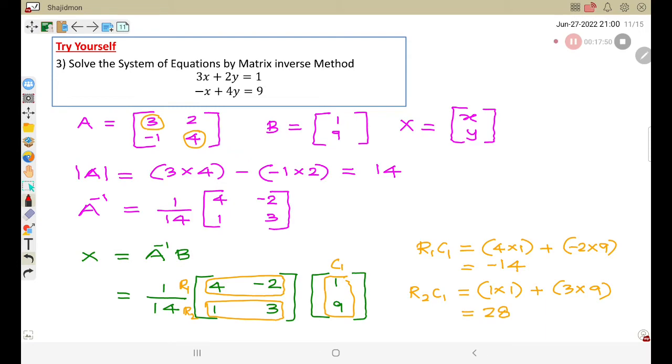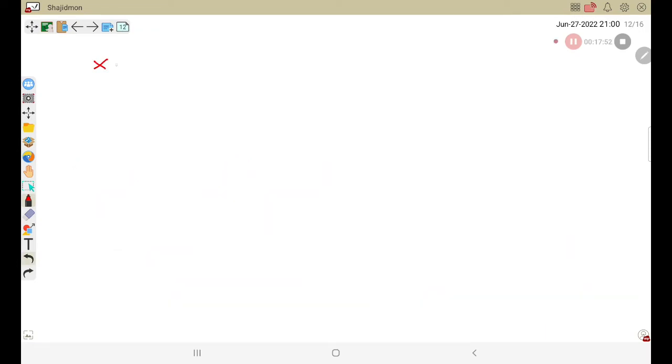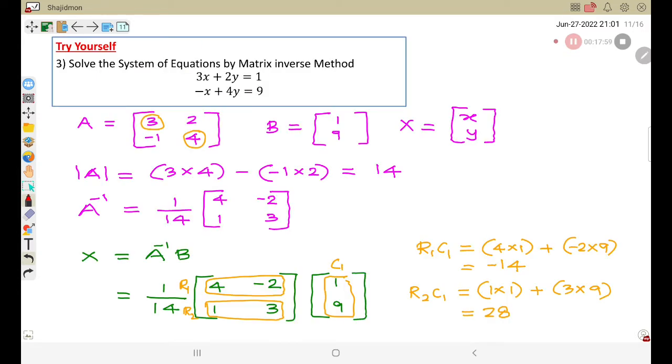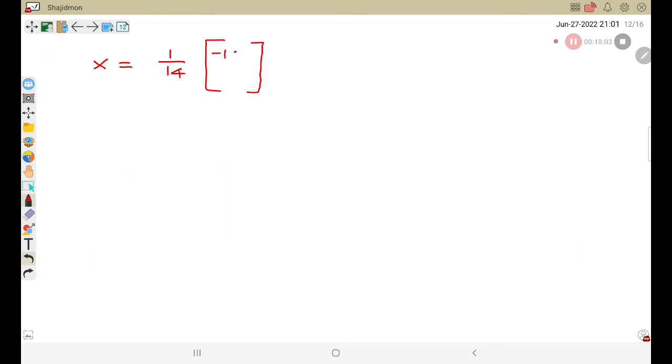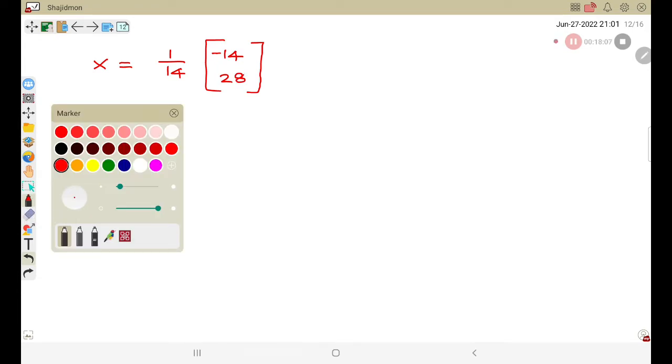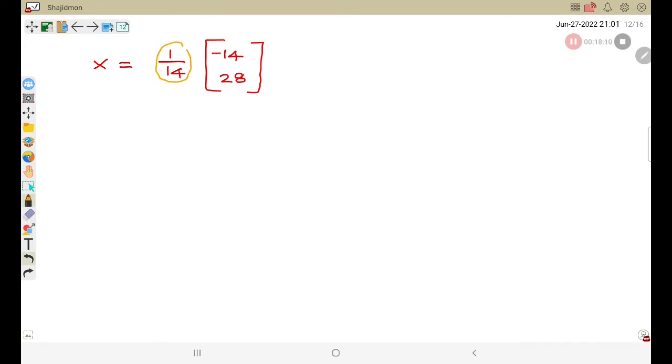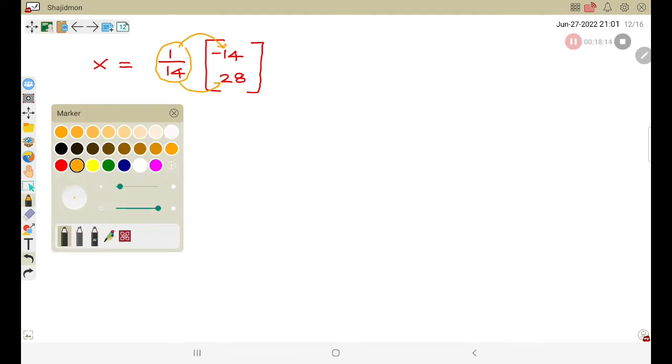Next page. So capital X equals 1 over 14 matrix. What are the numbers we got from the multiplication? We can write -14 and 28. Okay, now multiply this number inside: 1 over 14 multiply -14 and 28.